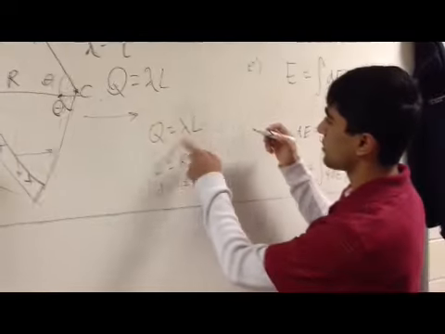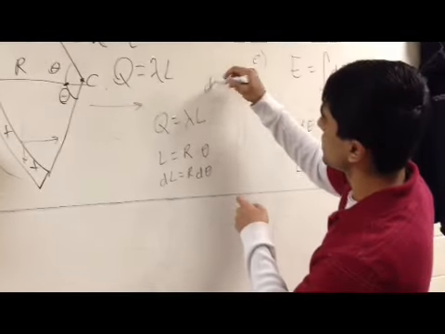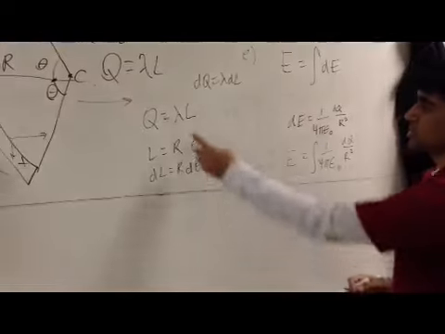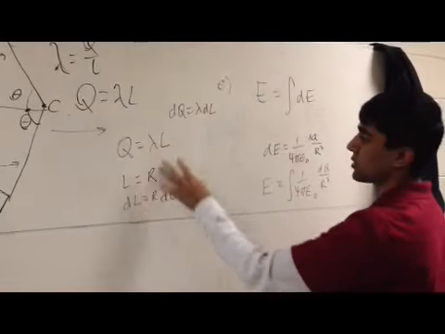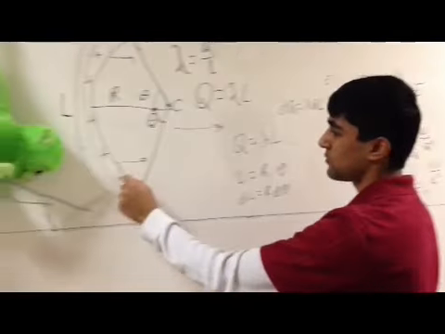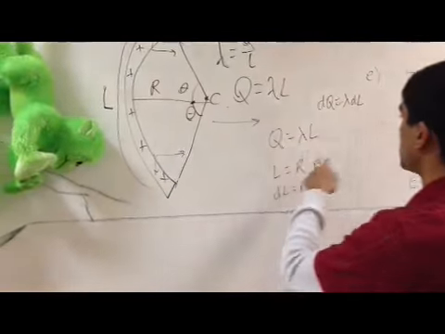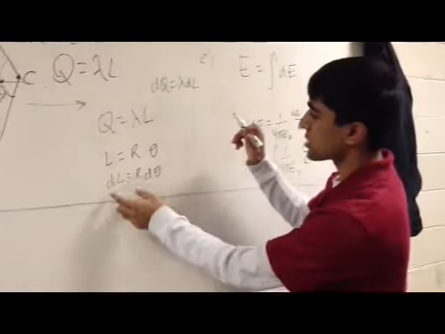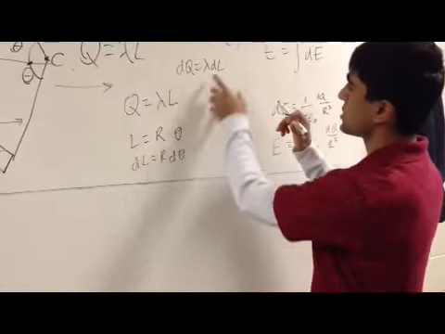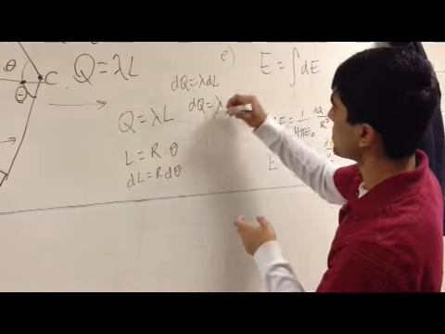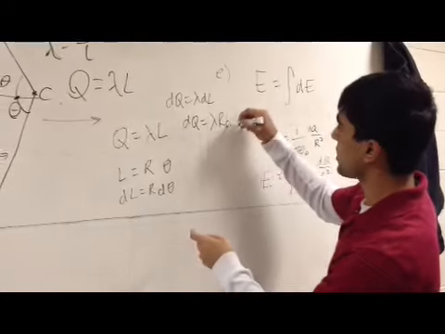And if we take the derivative here, dq equals lambda dl. So I'm just taking the derivative so that you can get for each minuscule, infinitesimally small dq, dl, and d theta. Okay, so now we can substitute this value of dl into here. So dq is going to equal lambda r d theta.